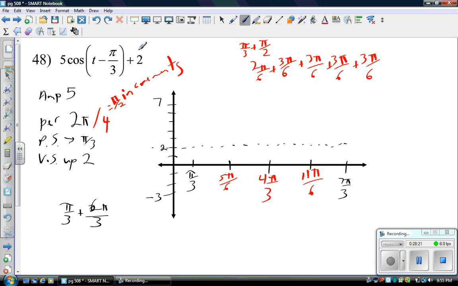Final thing now is just to do our graph. We'll go back to that good purple. It's a cosine, so cosine usually starts above. There's no negative out in front, so we're good there. We start above. Next increment on, that dotted line. Then next increment below.